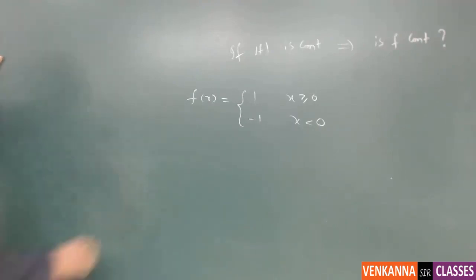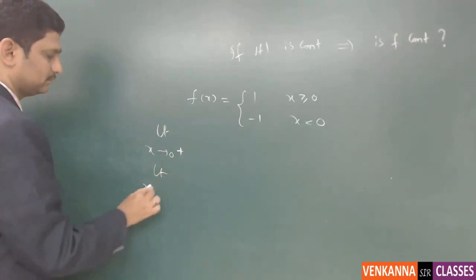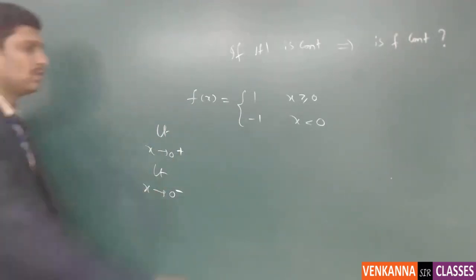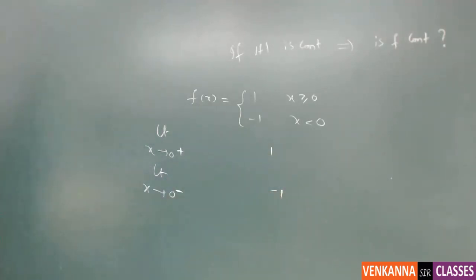So what happens if you calculate the limit, say limit x tends to 0 minus and limit x tends to 0 plus? What are the values? One limit value is 1, one limit value is minus 1. Accepted?